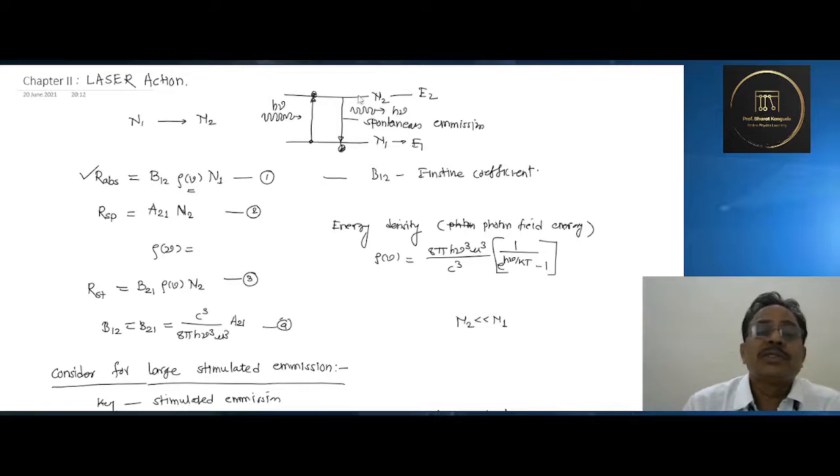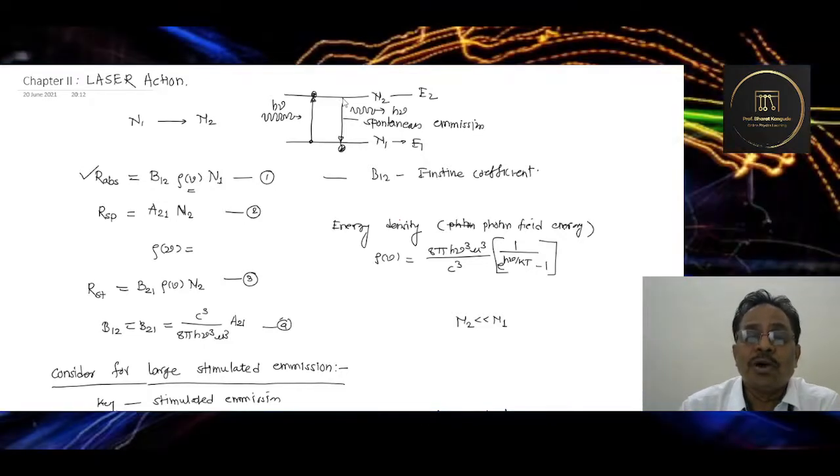Similarly, there is another process shown in the diagram, called spontaneous emission, wherein this excited atom doesn't remain in this energy state N2 for a longer time. Immediately, without any trigger, on its own, this atom can come down to the ground state, and this is called spontaneous emission.